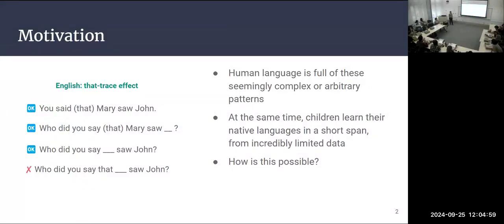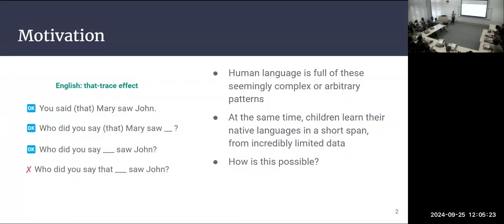That's totally fine. But if we want to make it into a question, not about who was seen, but actually who was doing the seeing. So like we want to turn this Mary into sort of the thing we're asking about. Suddenly one of those options disappears. So it's okay to say, who did you say saw John? But it's not okay to say, who did you say that saw John?